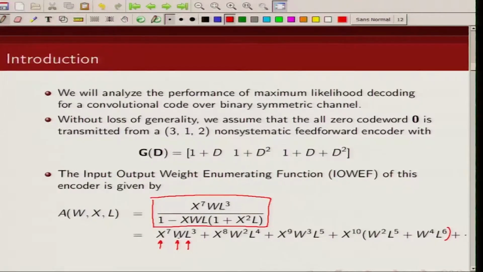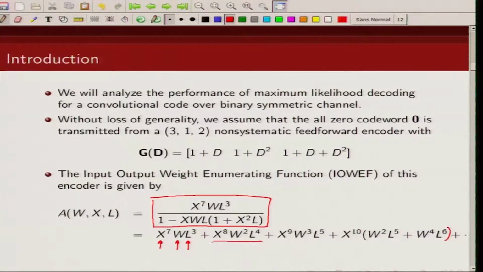So, X^7 W L^3 means there exists a code word of distance 7 which has information weight 1, and the time it diverges from the all 0 state to the time it merges back to the all 0 state is 3, and there is one such code word.